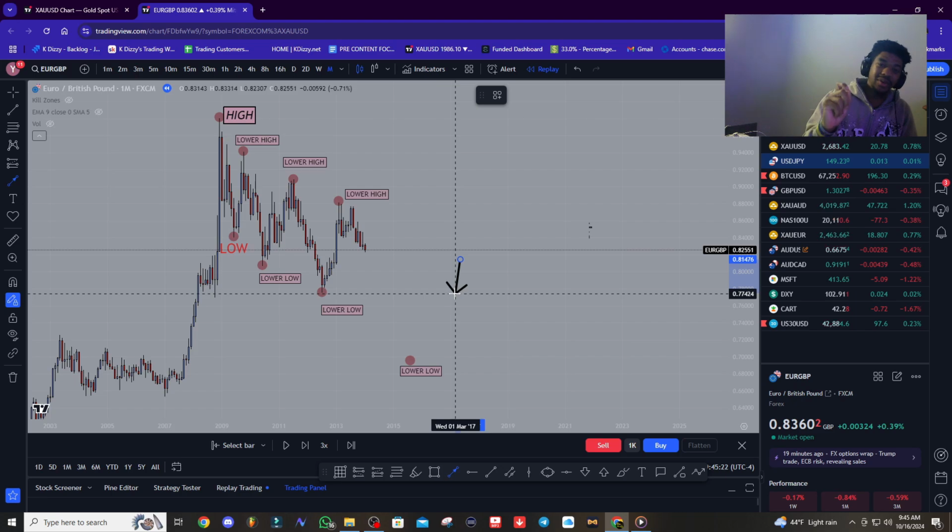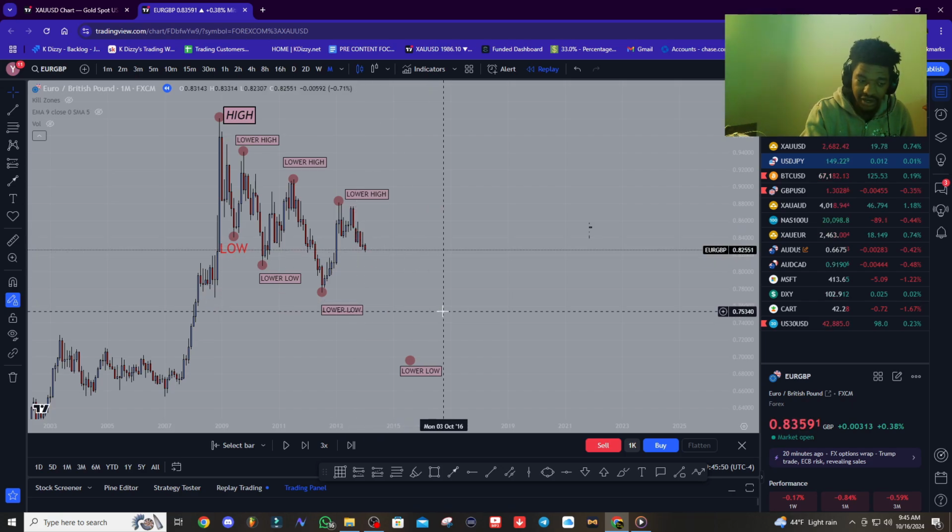And simply with market structure, you can make money. How well you make money, how well your probability of winning trades is, is going to vary based on your mindset. But you can make money in this market just by understanding market structure. Period.